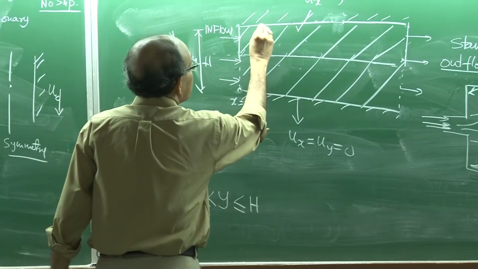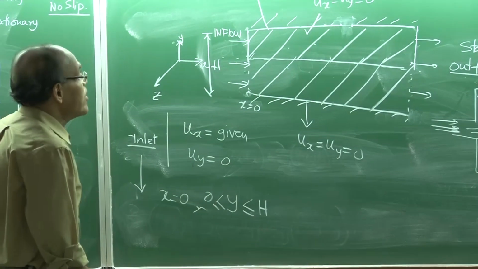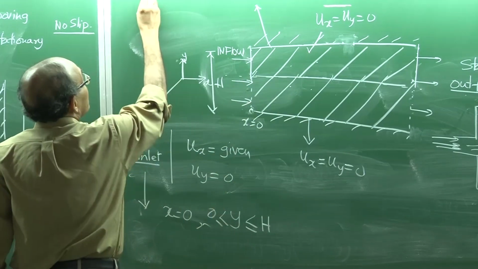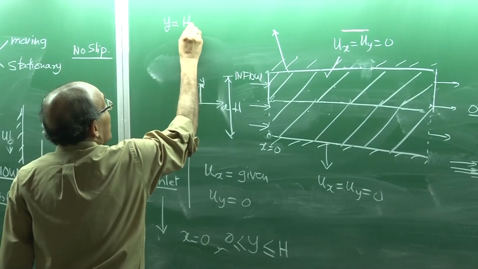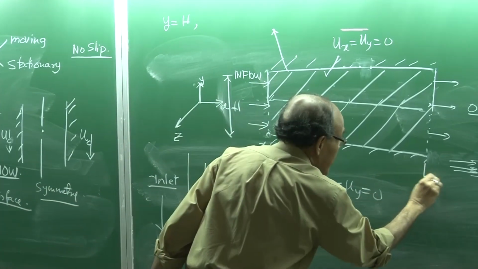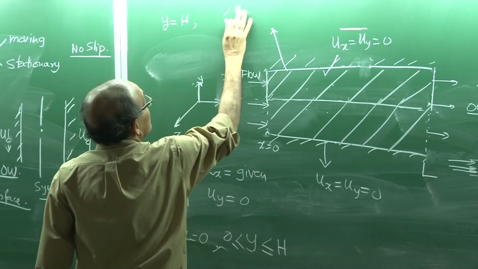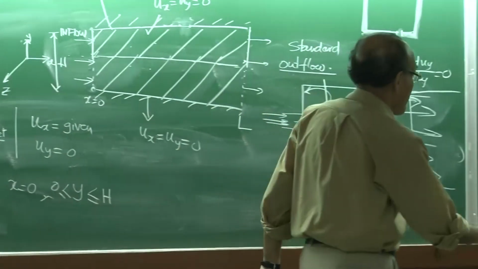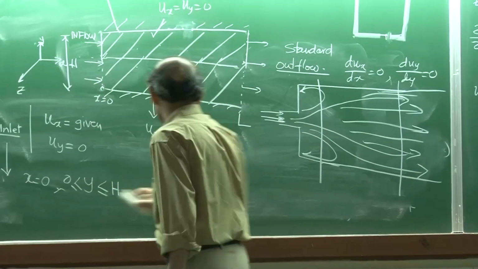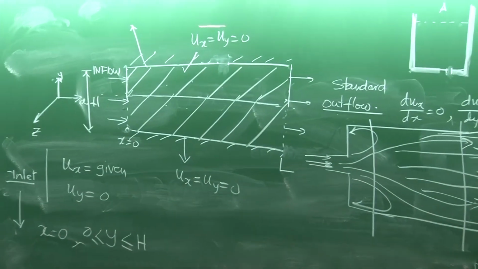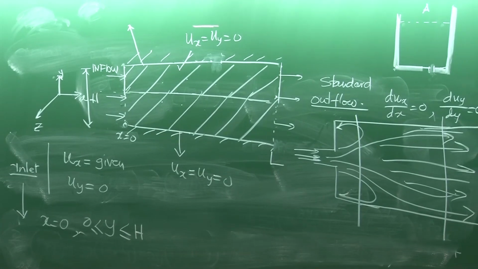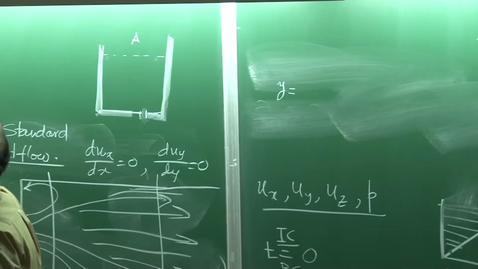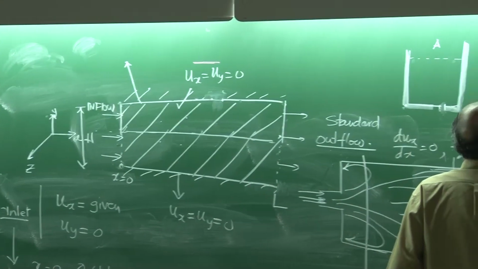Similarly, for this solid wall, the value is at y equal to h. That wall is y equal to h, and if this length is L, then for all values of x, the boundary condition can be written as: for y equal to h, that represents this particular wall, for all values of x.